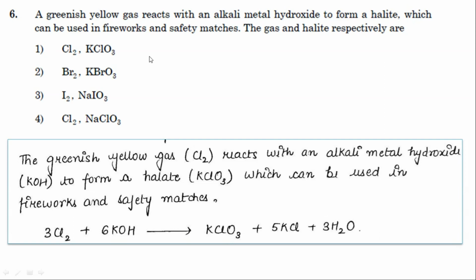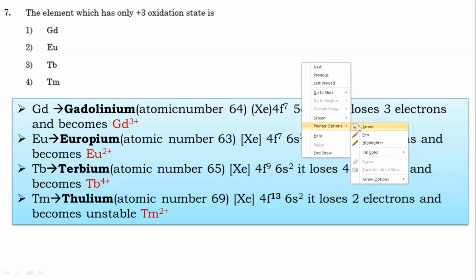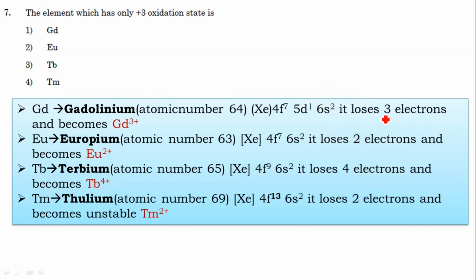Next question. The element which has only the +3 oxidation state. There were 4 lanthanides given. Gadolinium, atomic number 64, is 4f7 5d1 6s2. The 5d1 electron and the 6s2 electrons are lost, so 3 electrons are lost to give Gd3+. So option 1 is correct.